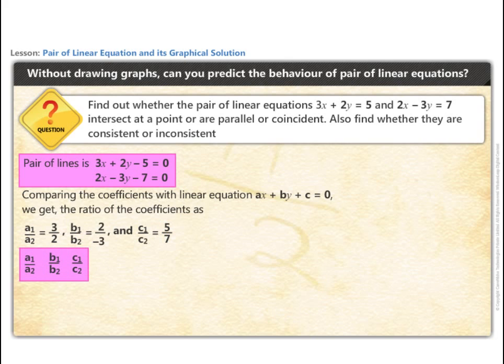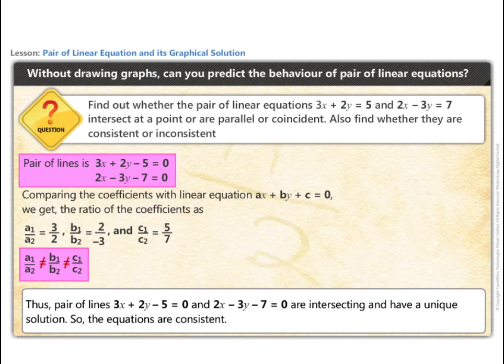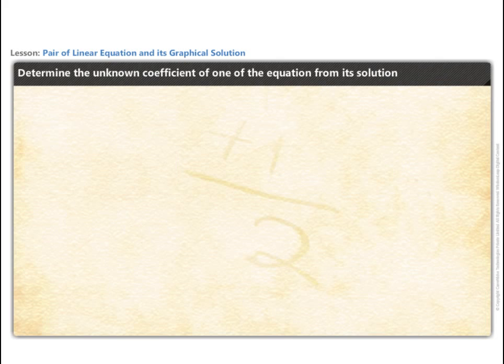Here, we observe that the ratios of coefficients of the pair of linear equations are not equal, that is, a1/a2 is not equal to b1/b2. Thus, we can conclude that the given pair of lines 3x + 2y - 5 = 0 and 2x - 3y - 7 = 0 are intersecting and have a unique solution. So, the equations are consistent.